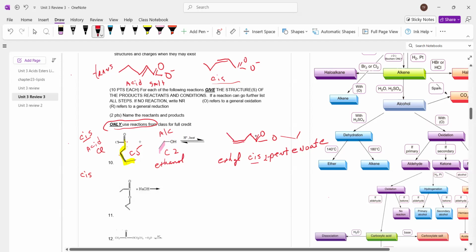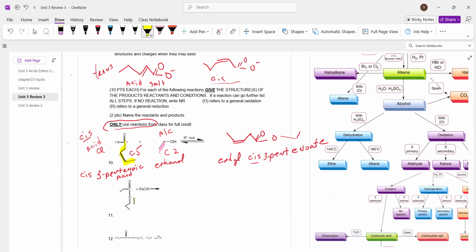There. And it's going to be 3. So this is going to be cis 3, and, no, oh wait, yes. Okay. And again, pay attention to the cis or trans. Okay, so we have an ester here.